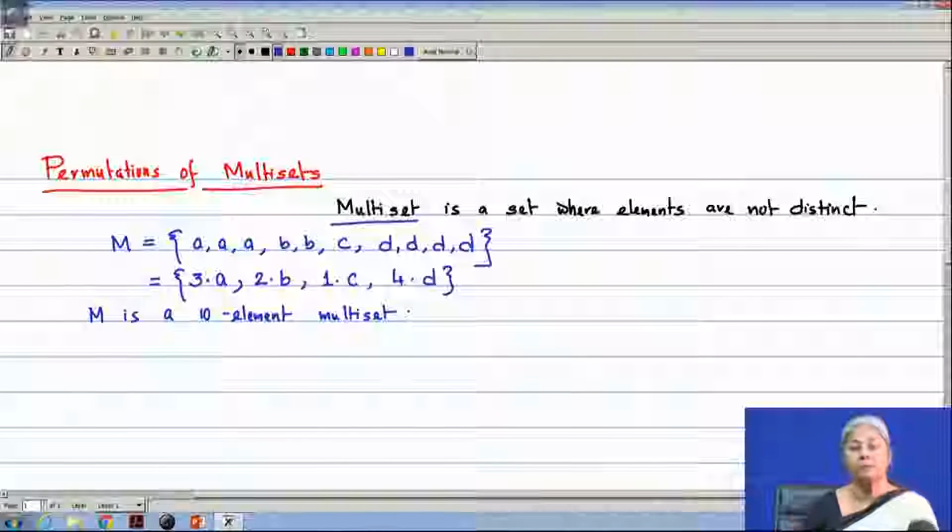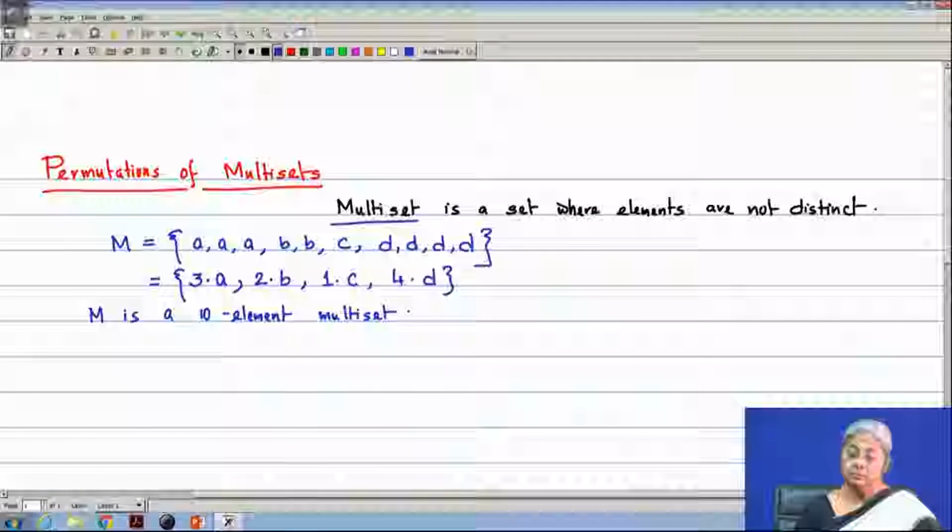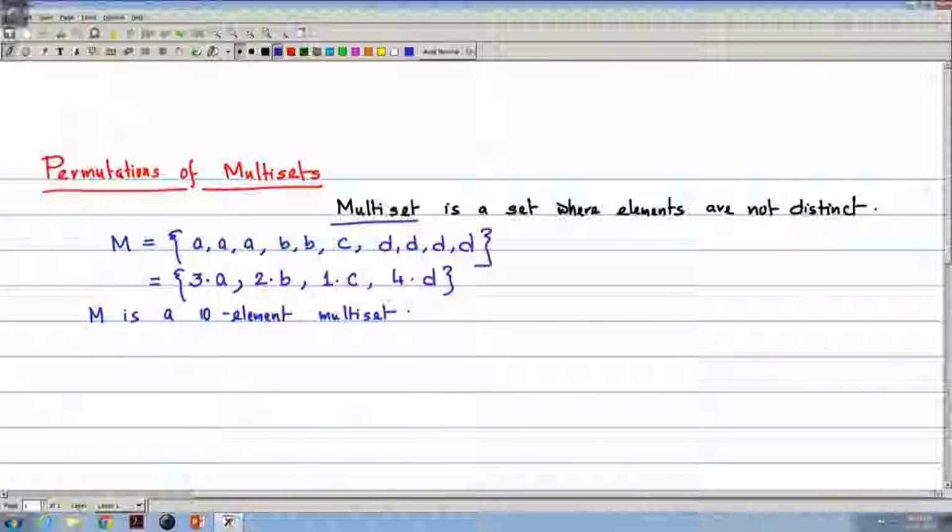Now, it may happen that there is no restriction on some particular elements, that means we can have infinitely many, while the others exist in a finite number.